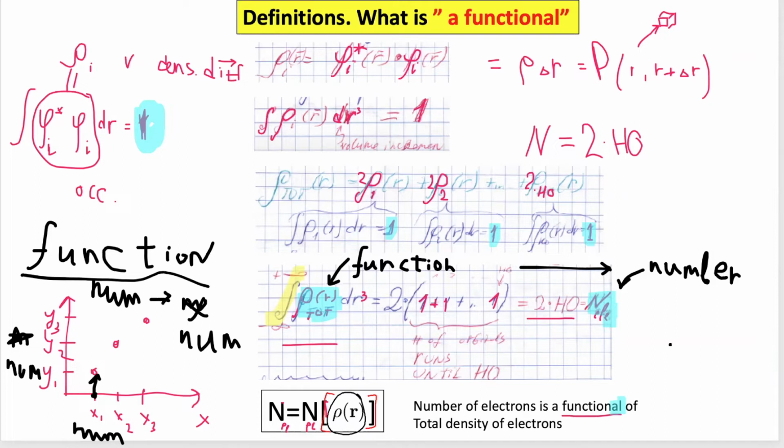Functional. Yes, exactly. Thank you so much. So we have a definition of a functional: when we have a distribution, a function, and convert it into a number. The simplest example is that the density of electrons is converted into the number of electrons. Okay, very good. Thank you.